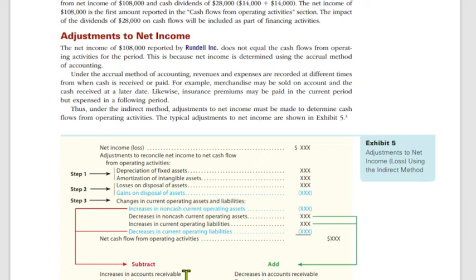Nag-increase halimbawa yung accounts receivable. Kapag nag-increase yung accounts receivable, ibig sabihin ikaw ay nagpautang. So therefore, it is proper for you to deduct this.